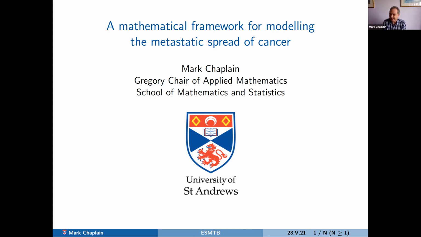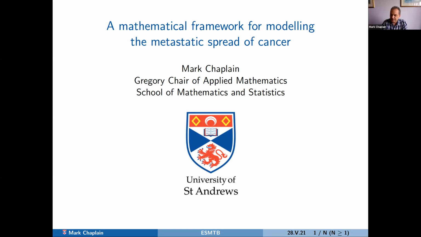So as Angelique has very nicely said, I've been working on cancer modeling since my PhD, and gradually being able to look at lots of aspects of cancer modeling. This is very recent work.